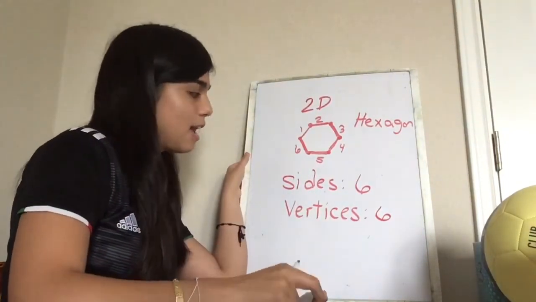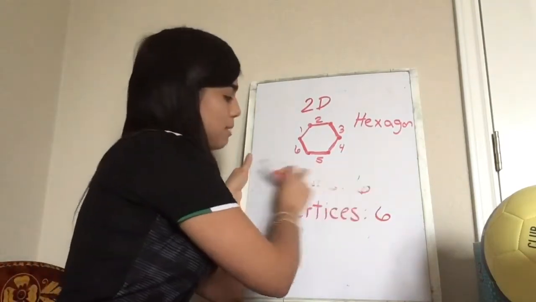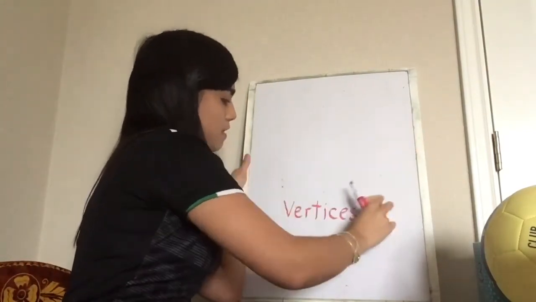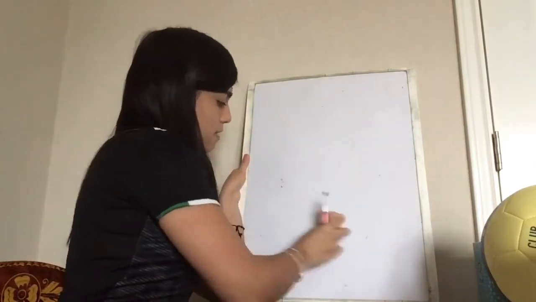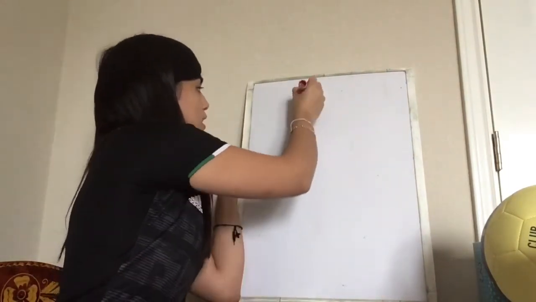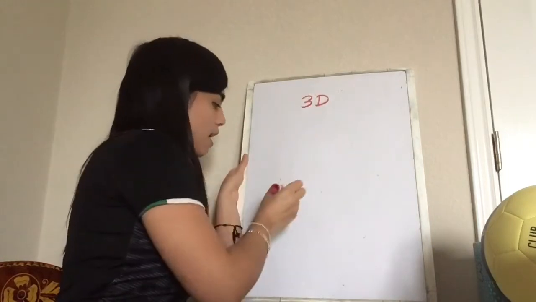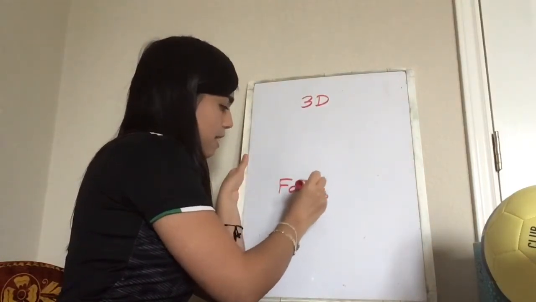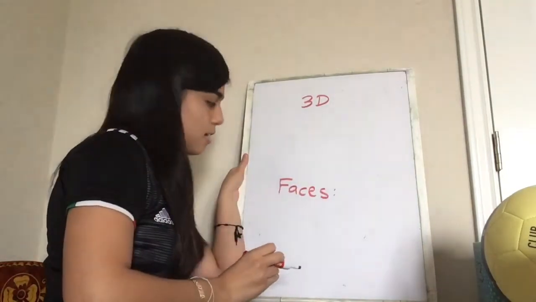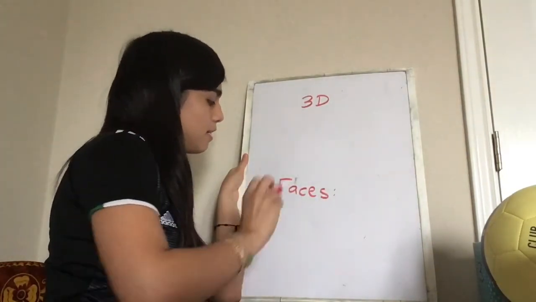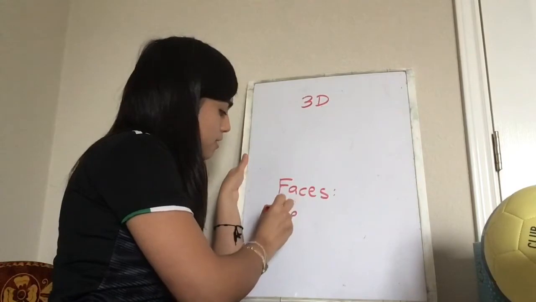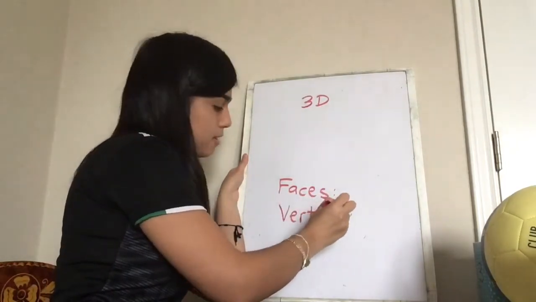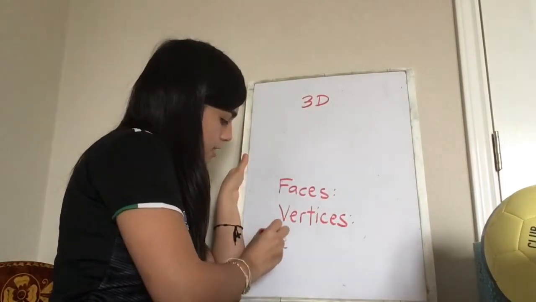Okay? Now let's look at 3D shapes. So remember, 3D shapes have faces, which are the flat surfaces. They have vertices, and they have edges.